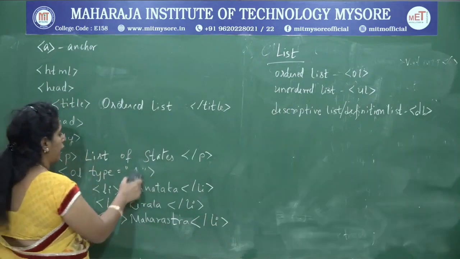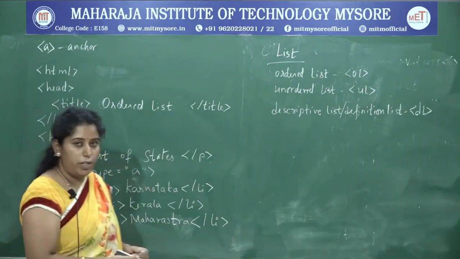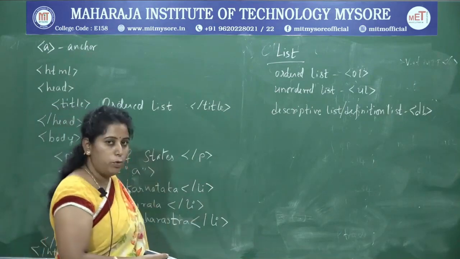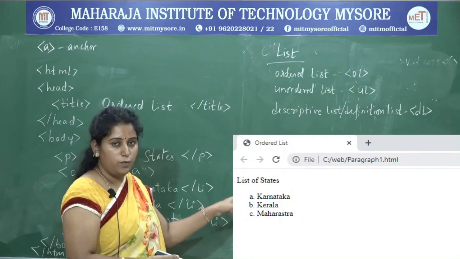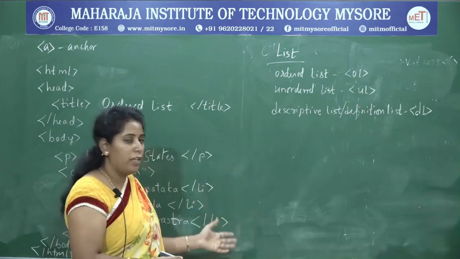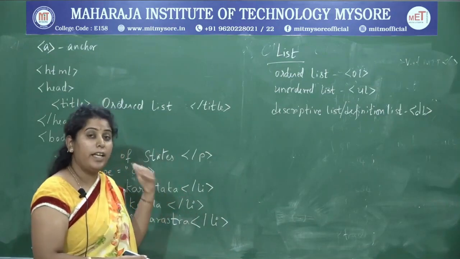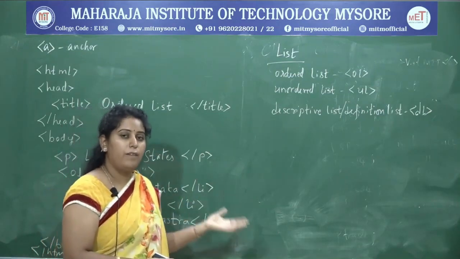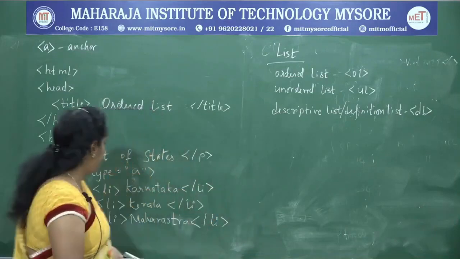Since I have used an uppercase A, in case I change it to lowercase a and run the program again, you can see the difference in the output. It is working. So you can notice that the data in the list can be ordered in any way, either in alphabetical order or in numbers.